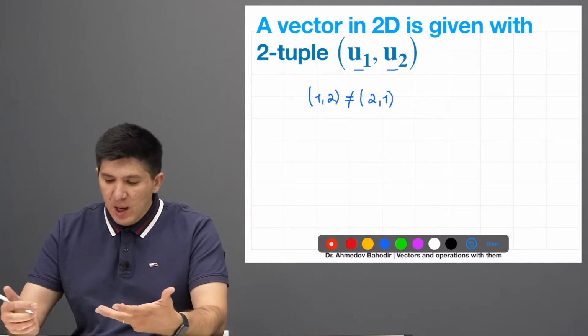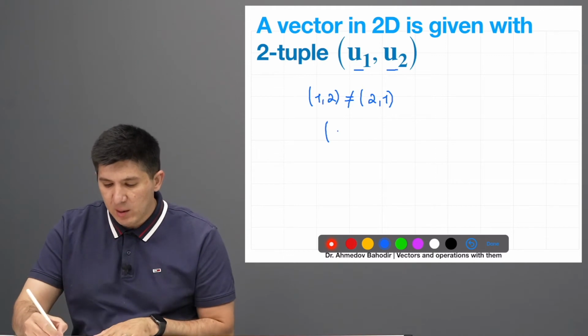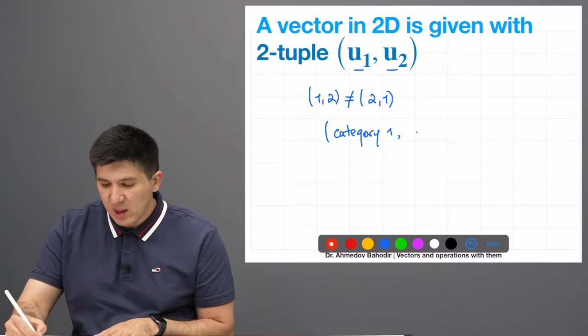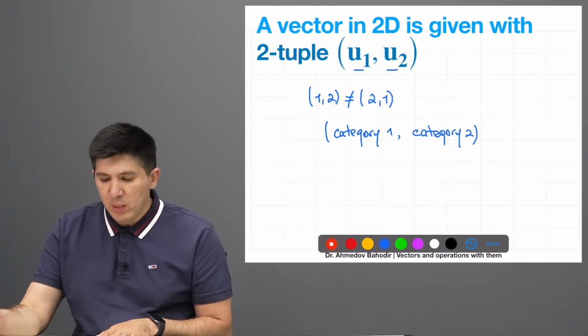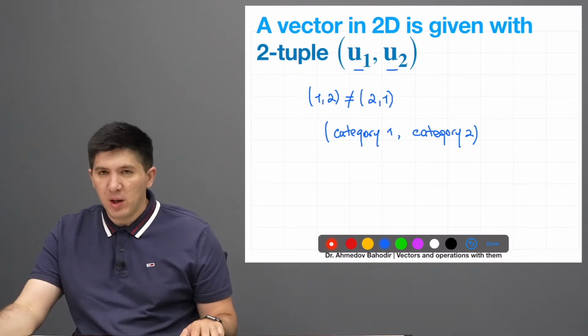In the first position you are given some category 1, and in the second position you are given category 2. For example, category 1 can be currencies and category 2 can be some fruits.